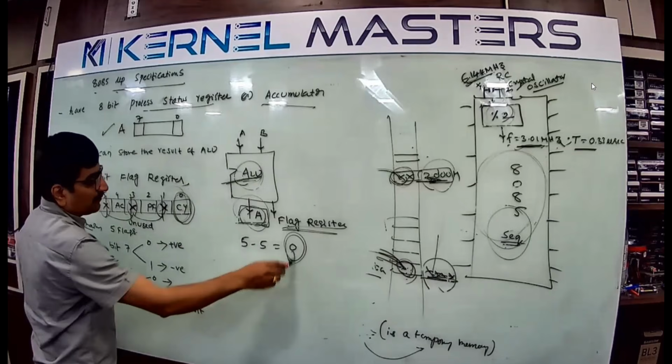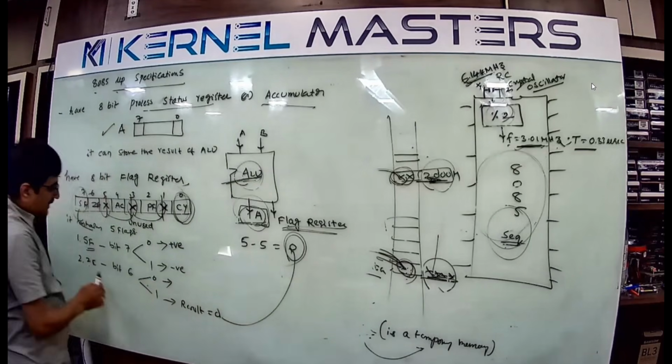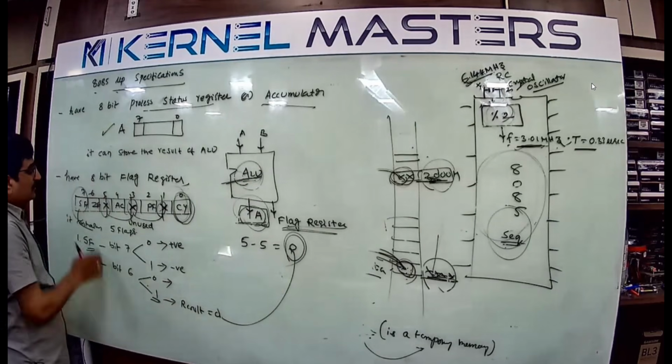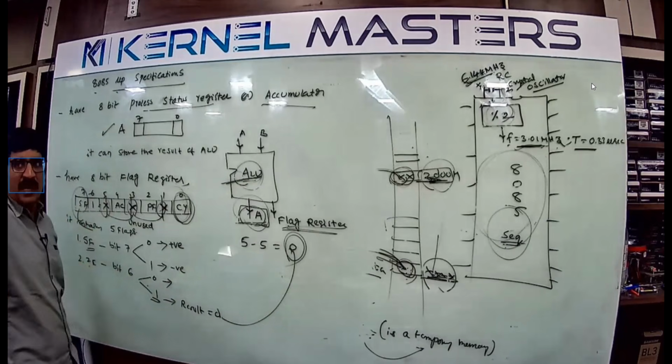After subtracting any two numbers, like 5 minus 5, what is the result? 0. When the result is 0, the zero flag equals 1. So ZF equal to 1 means the subtraction just happened and the result is 0.